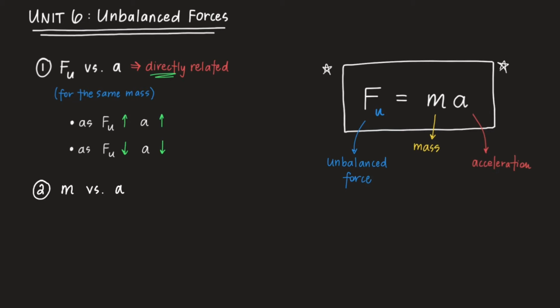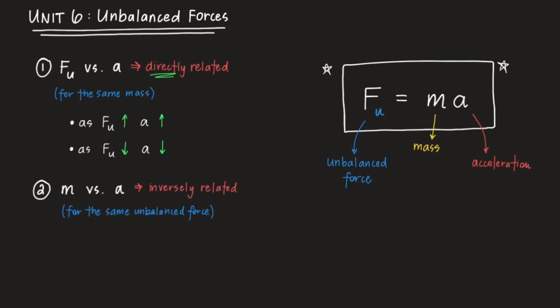This other relationship is a little bit trickier. It's the relationship between mass and acceleration. So now we're assuming that we're keeping the unbalanced force the same, like we're pushing two different objects with the same unbalanced force. And the relationship that we find here is something different than a direct relationship or a positive linear relationship. What we find here between mass and acceleration is something called an inverse relationship. So we like to say that they are inversely related. We haven't talked about the inverse relationship.